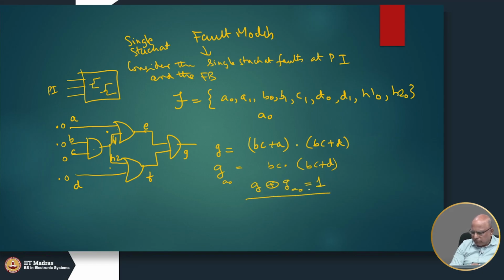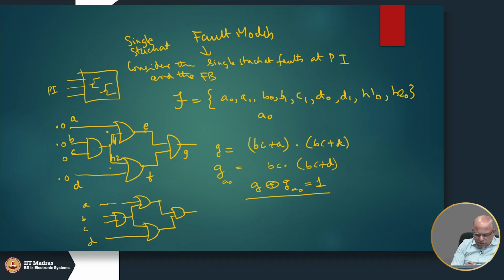So, select A, B, C, D. So, let me write it down again. We can try the XOR method, no doubt, but I will teach you a slightly easier way.